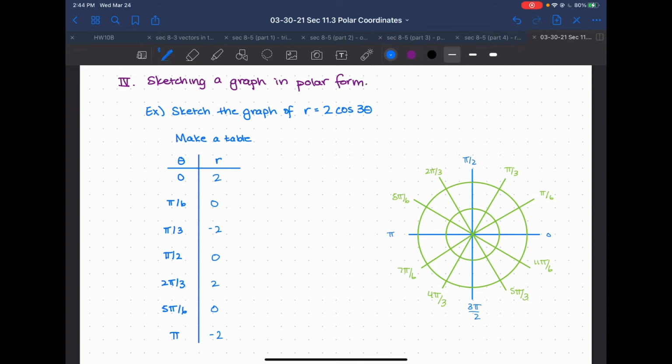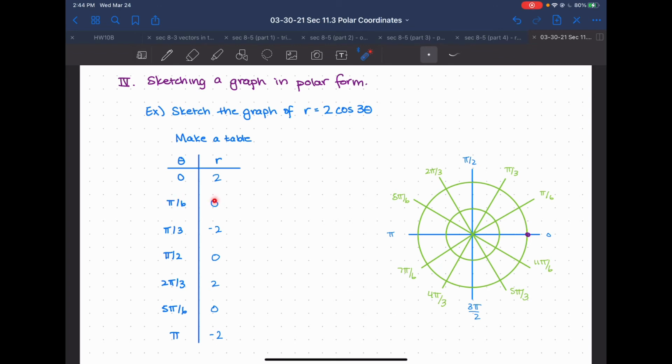So now I'm going to plot these points. We're going to go on the circle with a radius of 2, angle is theta, which in this case is 0. So that's this point right here. All right.